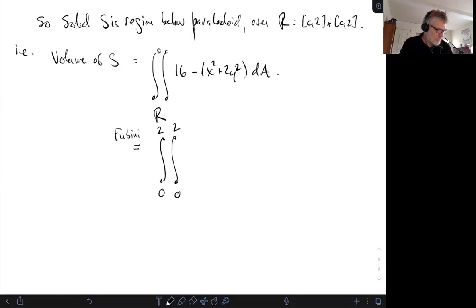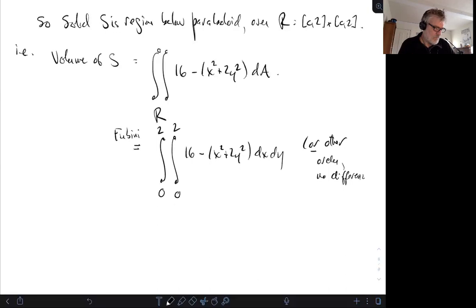So integral 0 to 2, integral 0 to 2, of 16 minus x squared plus 2y squared, let's say dx dy. Again, you can choose either order, no difference.